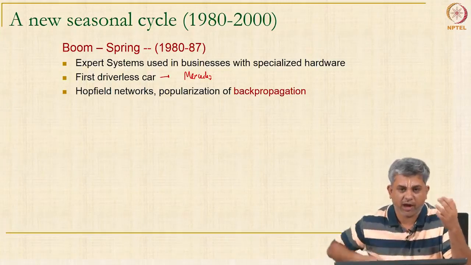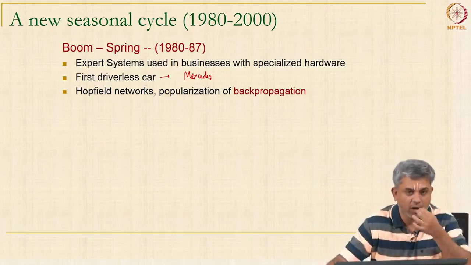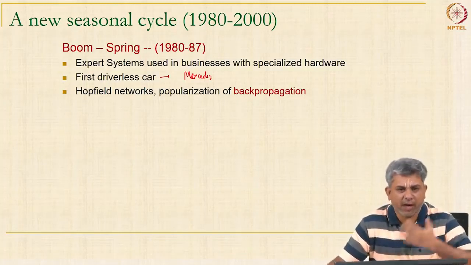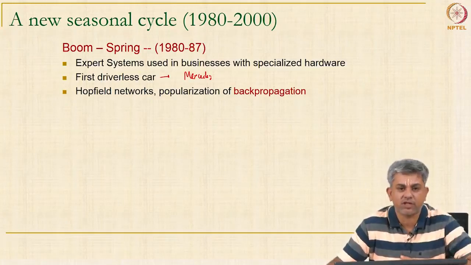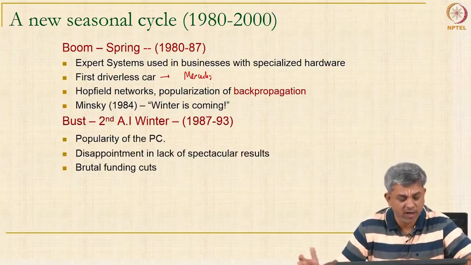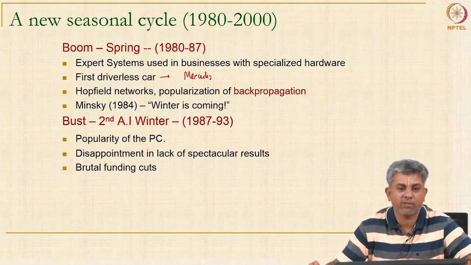Okay, and it did not come to anything as we know now. Now of course Tesla is taking over, even Google, Lexus, etc. There was a boom because primarily some businesses were using expert systems, and there was the popularization of back propagation, and as usual Minsky said that we are probably going to go into a bust.